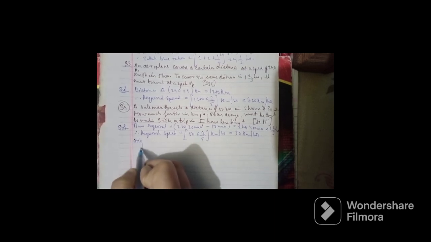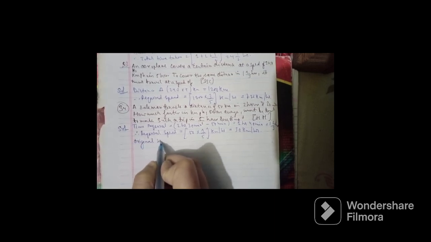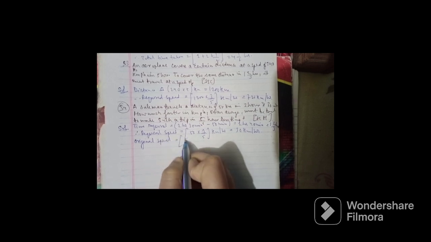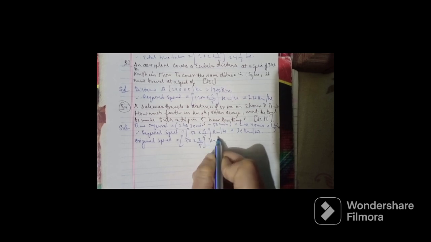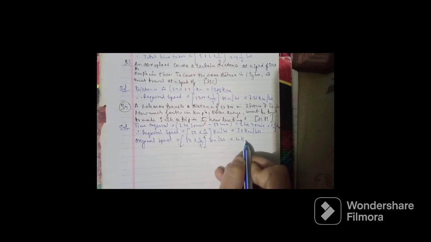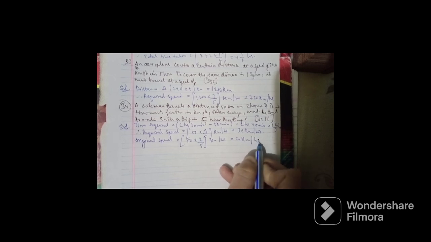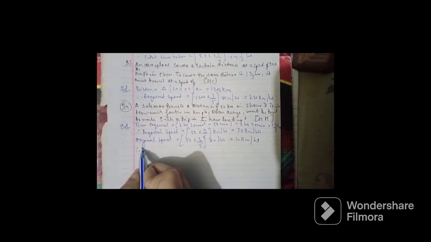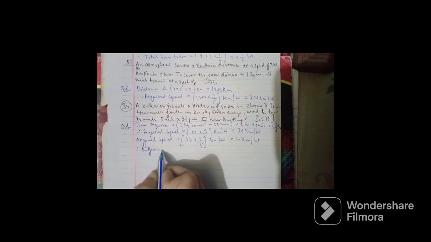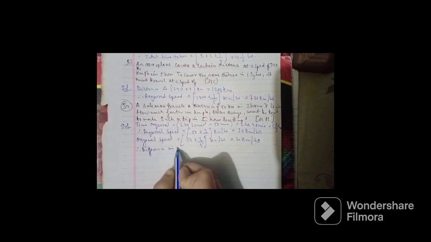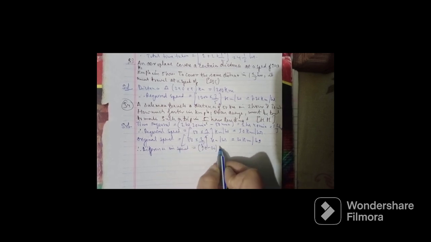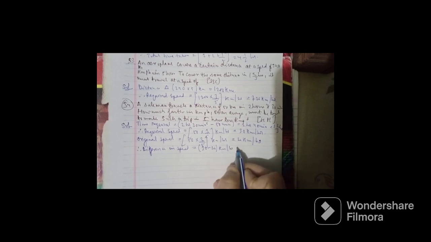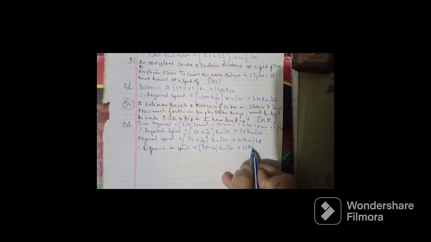Original speed is 50 into 2 by 5 kilometer per hour, which equals 20 kilometer per hour. Difference in speed equals 30 minus 20 kilometer per hour, which equals 10 kilometer per hour.